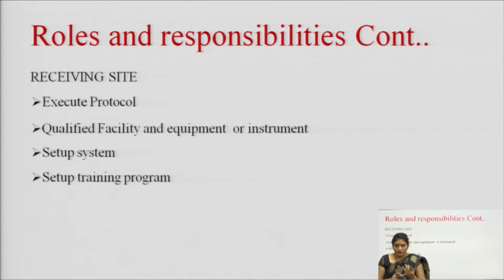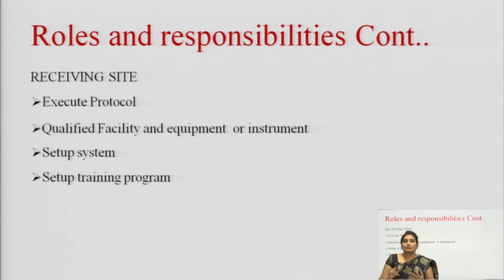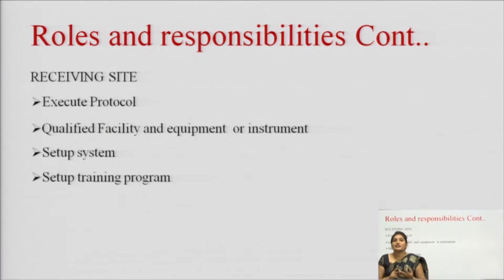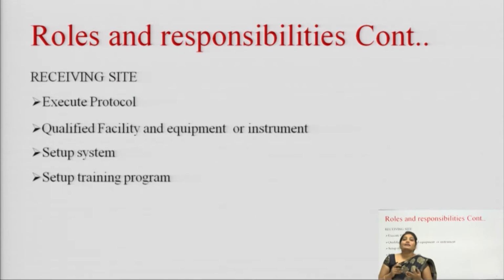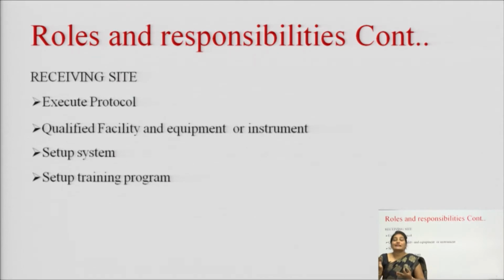Okay. So, the receiving unit will receive all the information related to the facilities required in the premises, the facilities required related to the equipment, or related to the instruments. And it will get a protocol. So, it is the responsibility of the receiving unit to execute the protocol received from the sending unit.